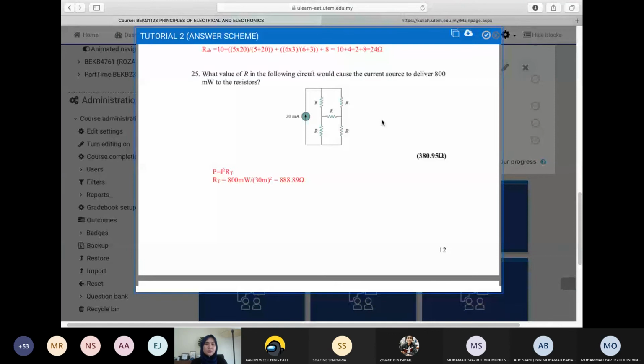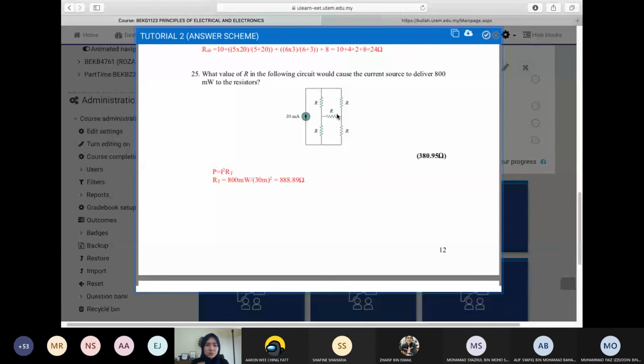Usually you are given a circuit and you are required to find the power, but now you are given the power, and the question asks you to find the resistor. So it is reverse analysis.